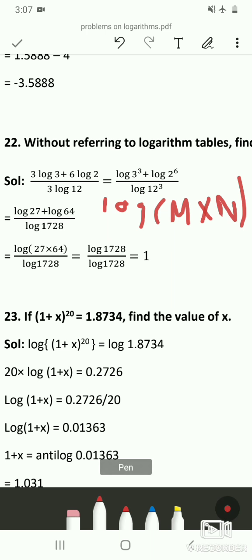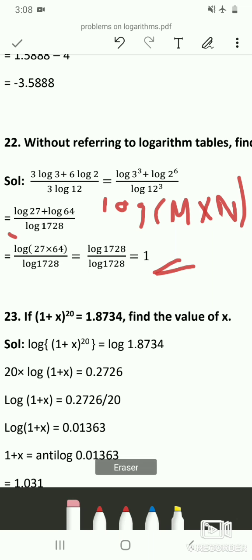So the numerator would be log of 27 into 64 whole divided by log of 1728. So 27 into 64 is 1728, so log of 1728 divided by log of 1728. So the final answer is 1.